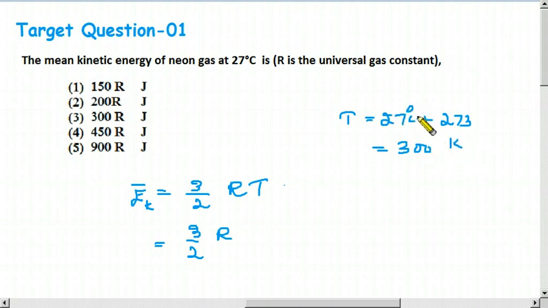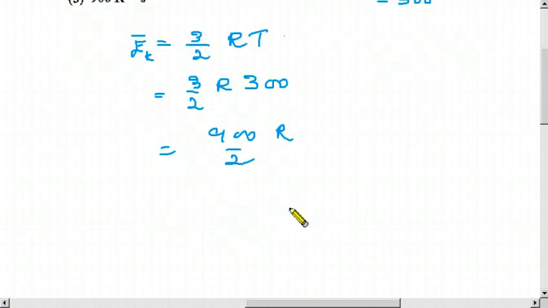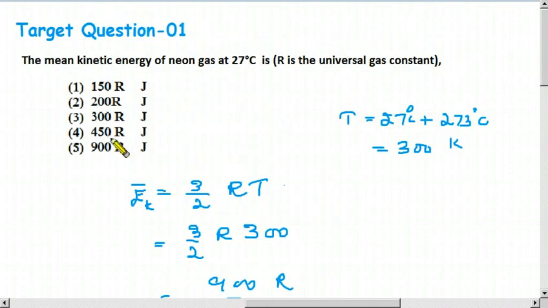Both of these are in centigrade, so you have to substitute 300. 300 times 3 is 900, divided by 2, times R. So 450 times R is the answer. The fourth one is the answer. If you got it right, you are a genius. Let us go to the next target question.